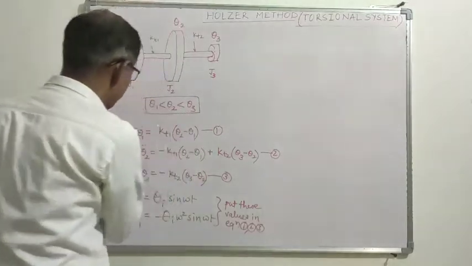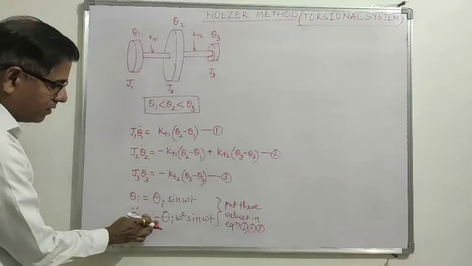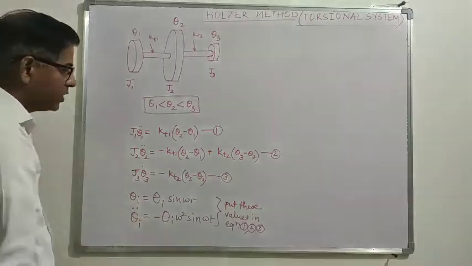So theta 1 double dot is replaced by minus theta 1 omega square sin omega t.